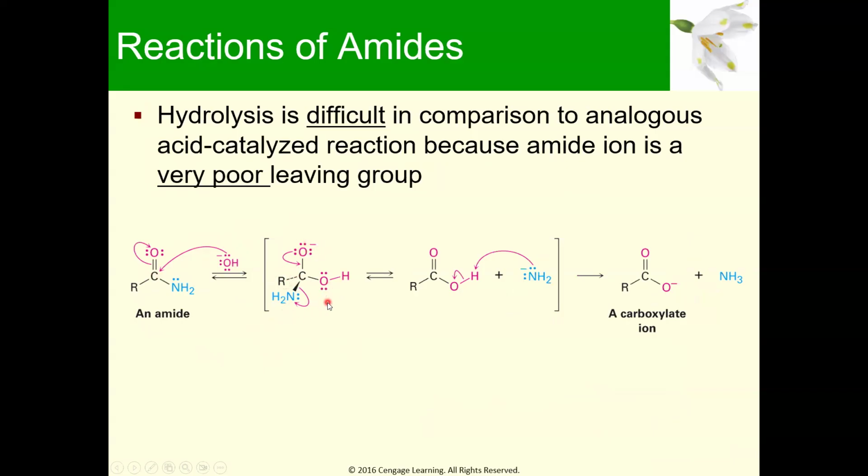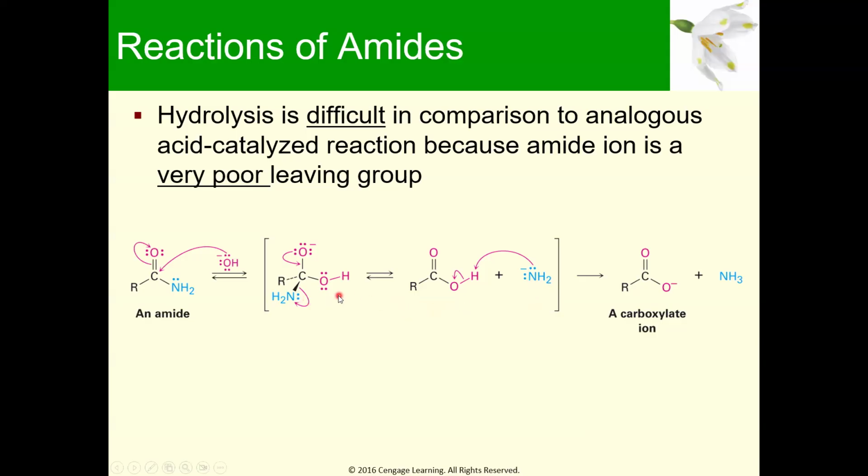And once again, the only thing that can leave in order for you to get a different molecule, to cause a transformation, is that amide ion. So that's odd because that's typically not a good leaving group, and it's not, but it's not going to stay that way for very long.